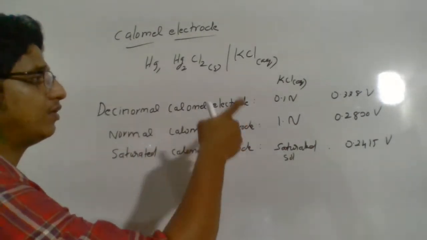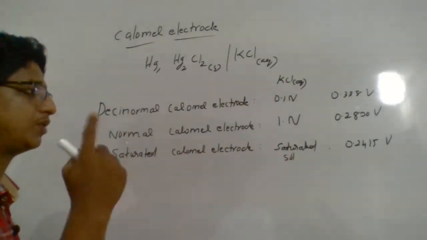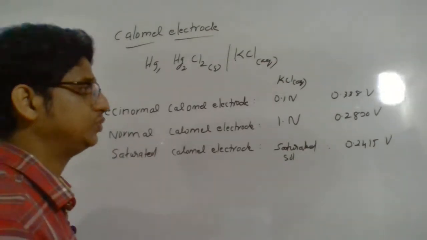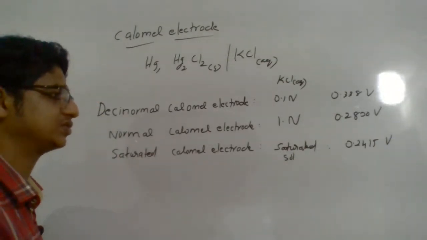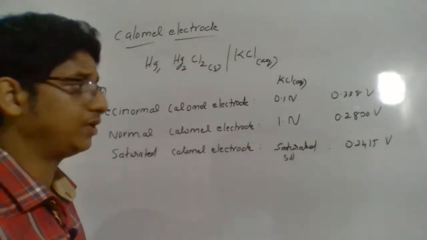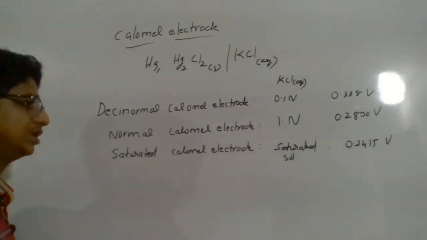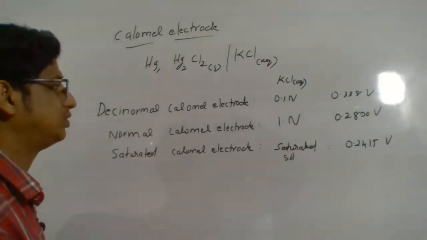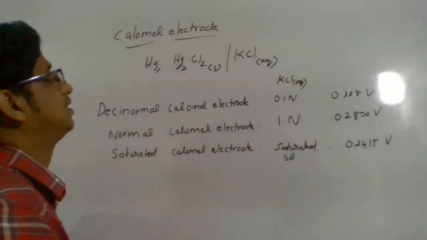If it is 0.1 normal, it is 0.338 volt. If 1 normal, 0.2800. If saturated KCl solution is used, 0.2415 is the electrode potential. So that's all for the calomel electrode.